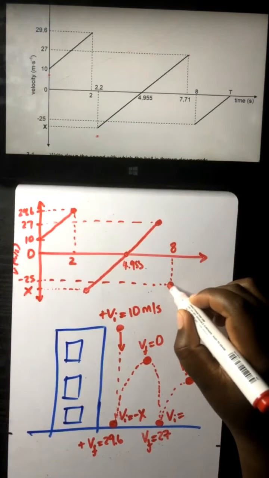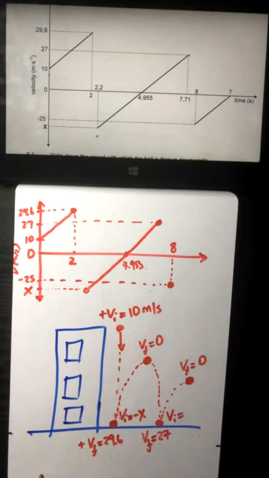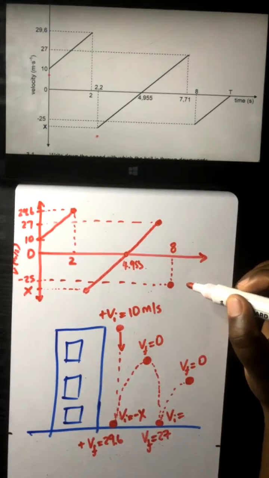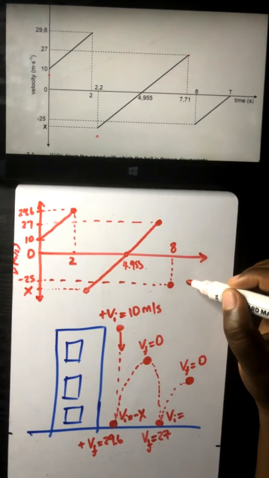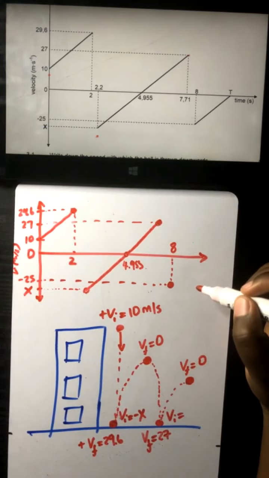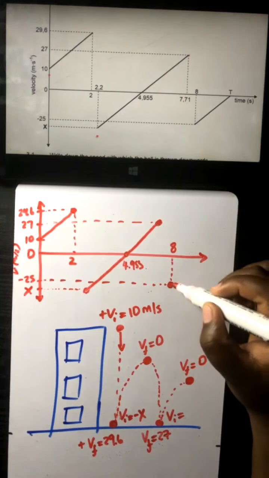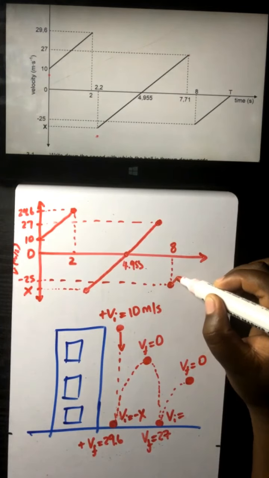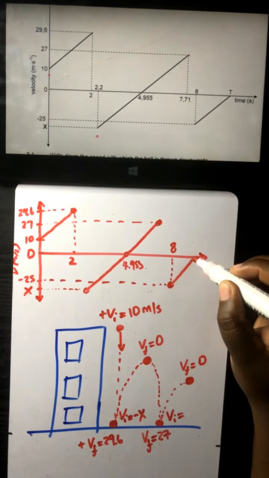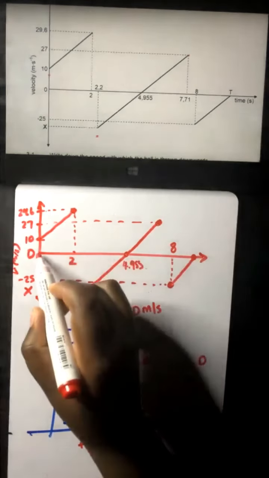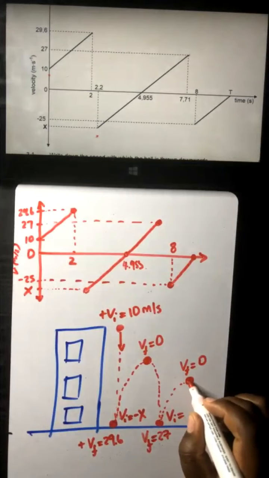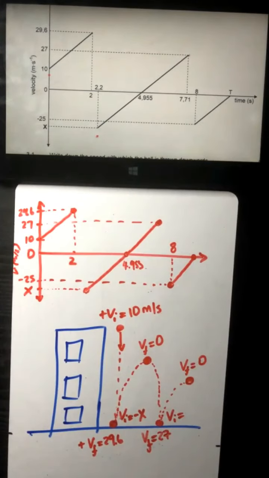This is where it changes direction. As it changes direction, what happens to its velocity? Is it decreasing or increasing? Obviously, it's decreasing until its velocity is 0, which is that point over there.